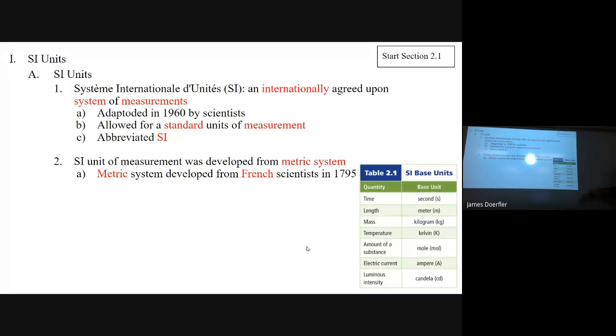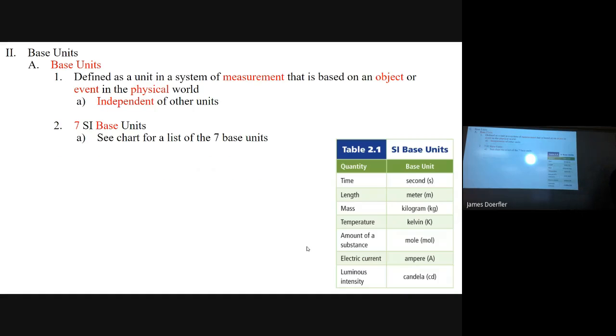Something that we don't necessarily do in here is electric current and luminous intensity, where electric current is the ampere and luminous intensity is the candela, which, you know, we get from candle. So those are the base units. A base unit is a unit in a system of measurement that is based on an object or event in the physical world. It is independent of other units. And as we just saw, there are 7 SI base units.